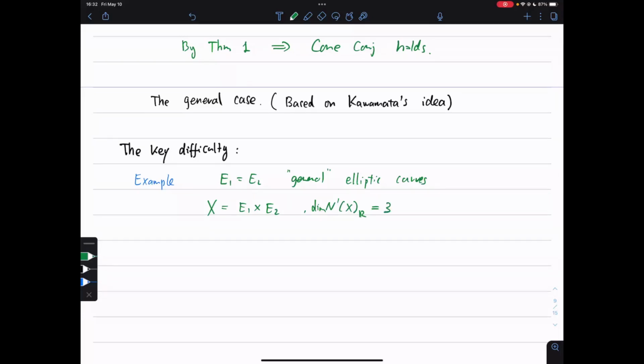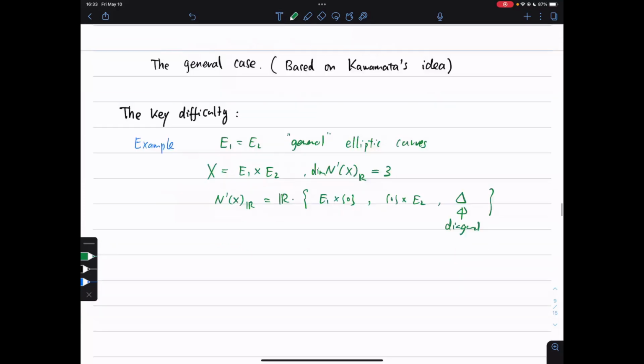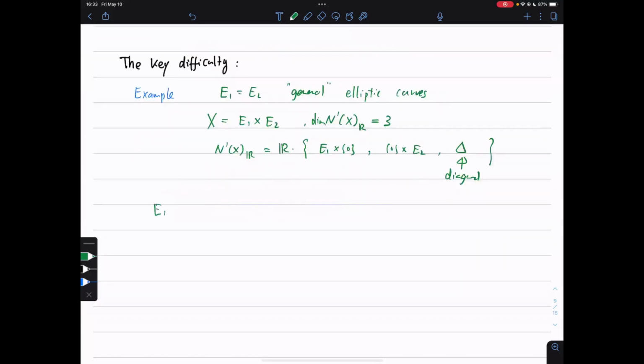And the generators are the following: E1 times 0, 0 times E2, and a diagonal. Let me draw the picture. We have E1 cross E2, and suppose this is E2, this is E1. It's generated by one divisor, one curve, another curve, and a diagonal.